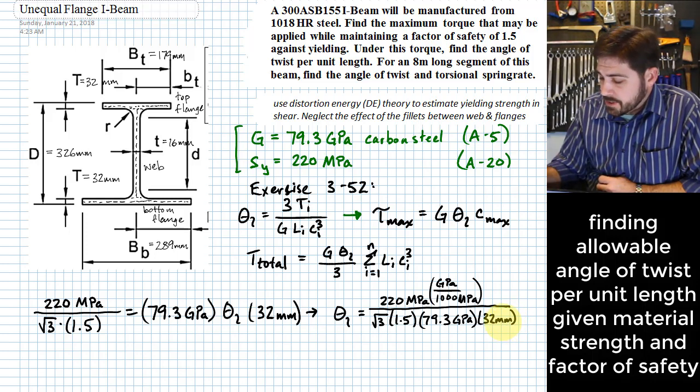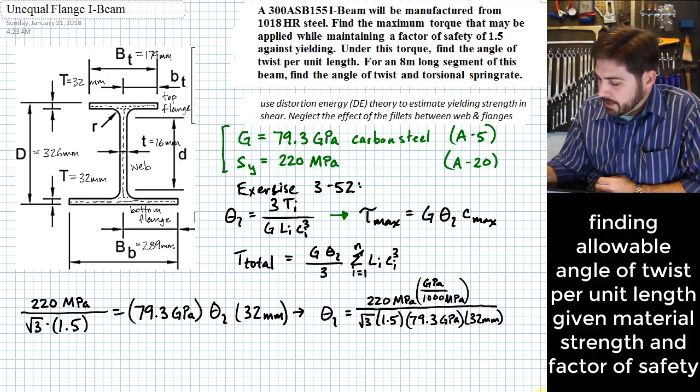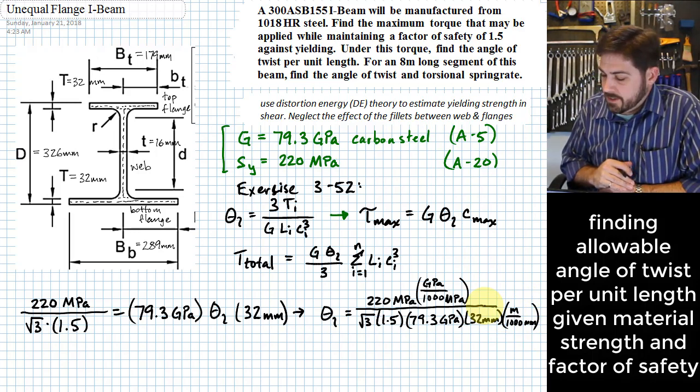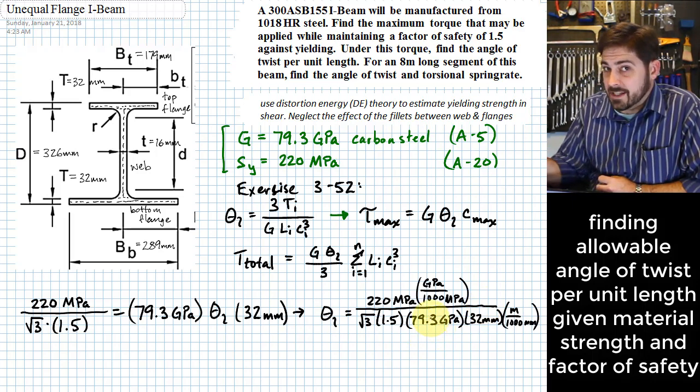I need to get rid of those, so in the denominator I can multiply by a meter per 1,000 millimeters. You'll notice this factor of 1,000 exactly cancels itself out, and our angle of twist per unit length is just radians, with no other units besides one unit of meters in the denominator.